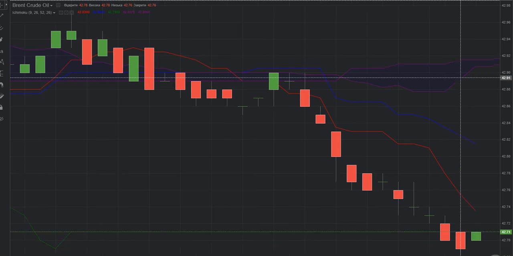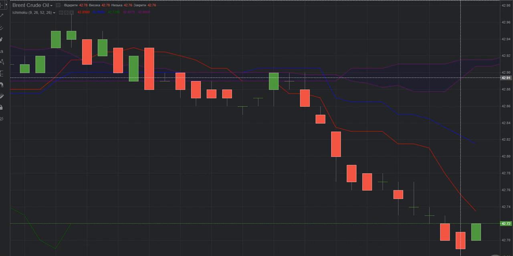Fourth component, the Kumo cloud, which is formed from two lines, Senkou span A and Senkou span B. The Kumo cloud provides support and resistance levels that can be projected into the future. This sets the Ichimoku cloud apart from many other technical indicators that only provide support and resistance levels for the current date and time.